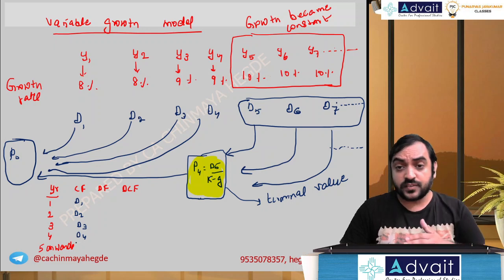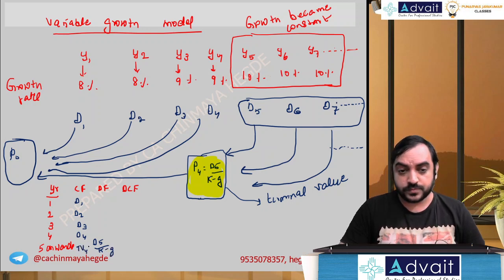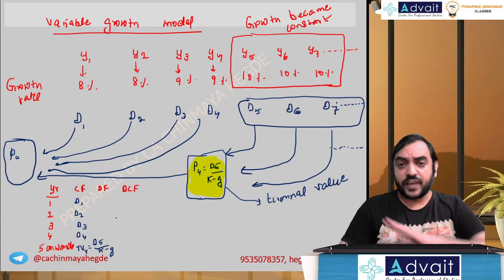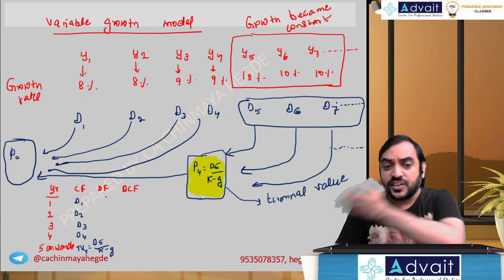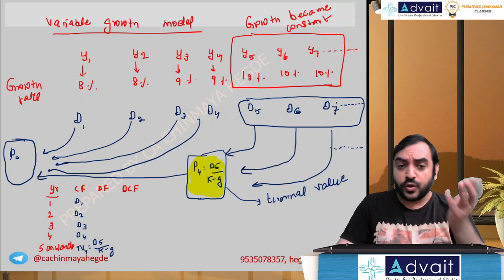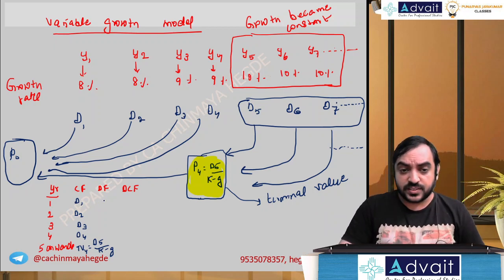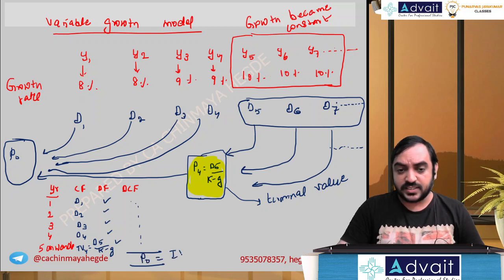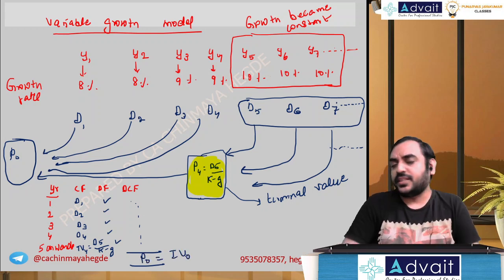For year 5 onwards I don't use D5, I use D5 by K minus G, which means I will get TV4, or you can say P4. Then I apply the discounting factor and calculate all the present values. The total present value is P0, or IV0, the intrinsic value.